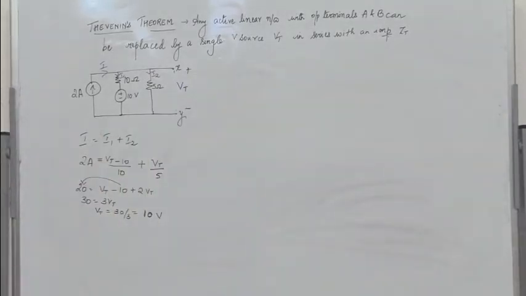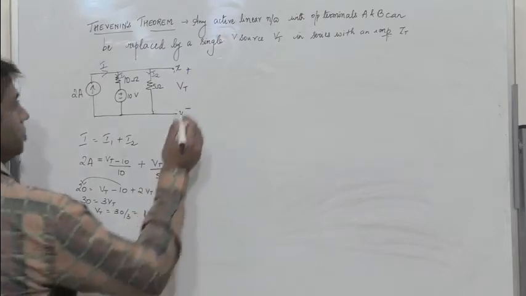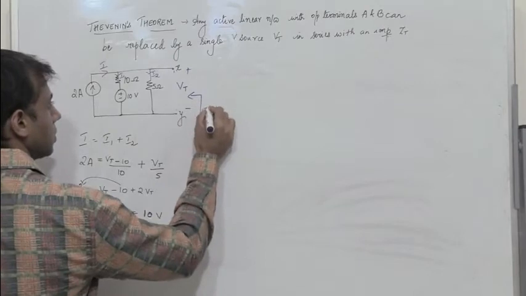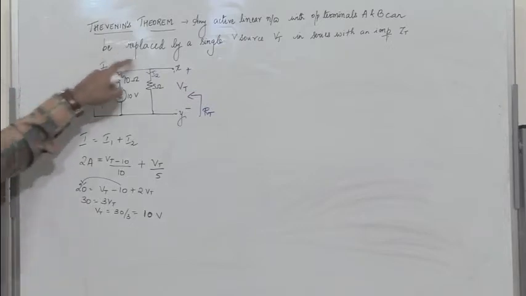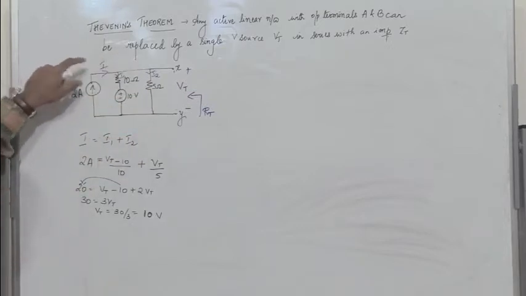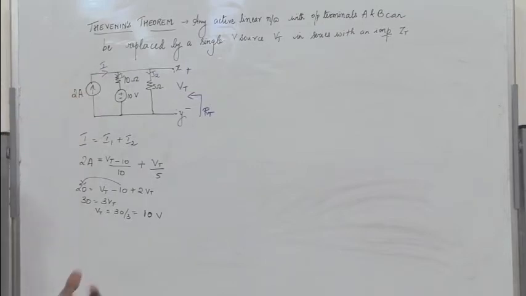Now we need to find the resistance RT looking through the two terminals XY. To find the resistance, in the entire circuit we replace the voltage source by a short, and we open circuit all the current sources.